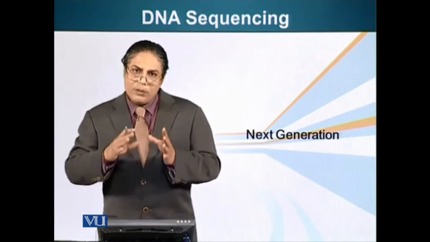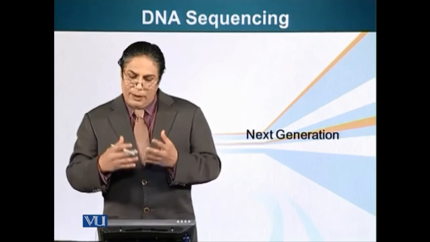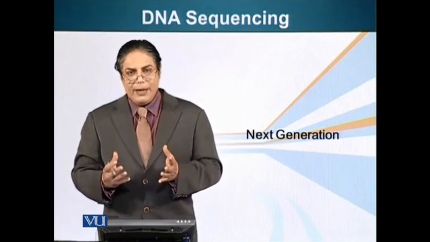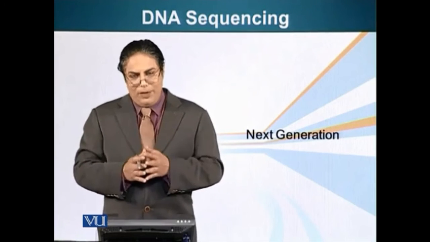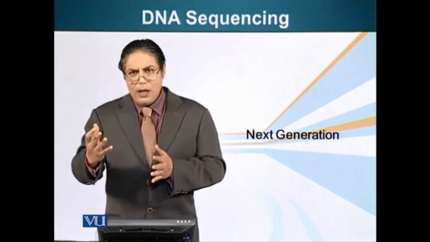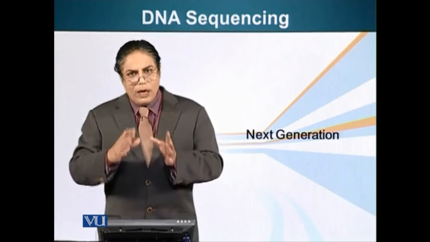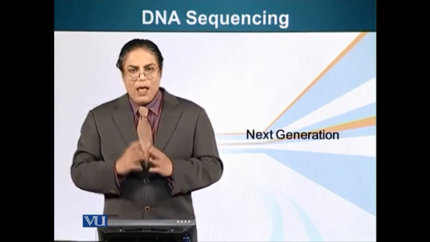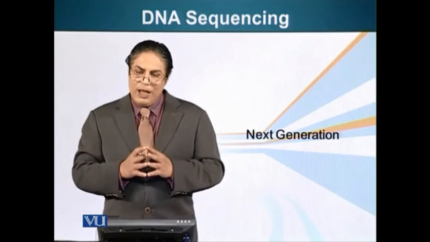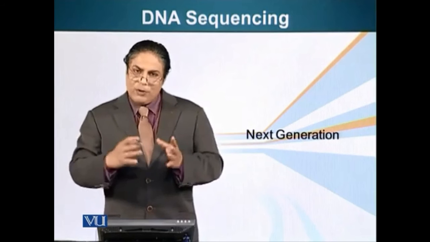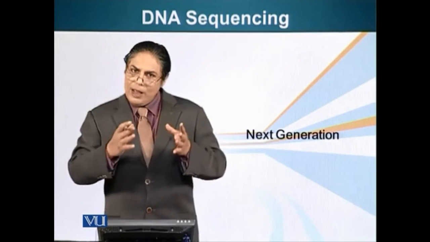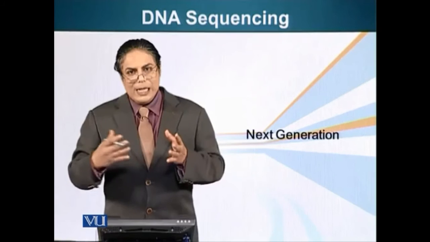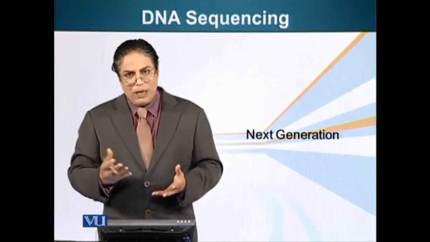Now technologies have already been invented that can accomplish the same feat in about a day or so at about $1,000 per human genome. This is the speed at which technology is moving, and the day is not very far when we go to our pathologist for a test, we can also ask them to sequence our genome for us.